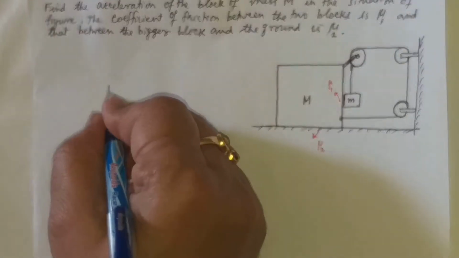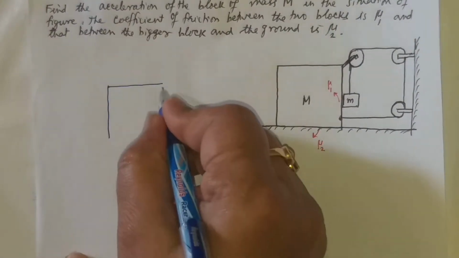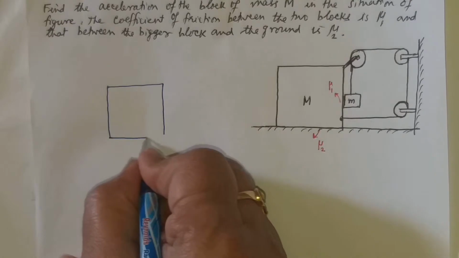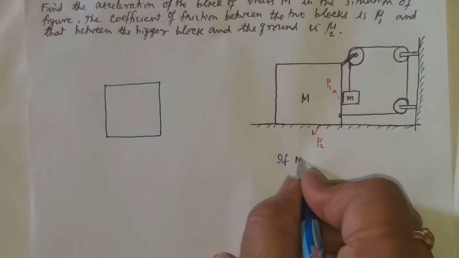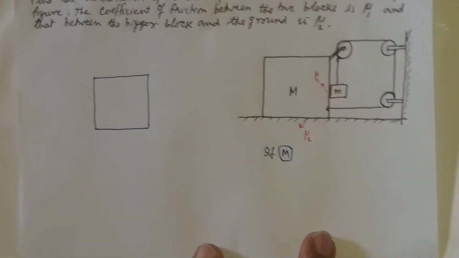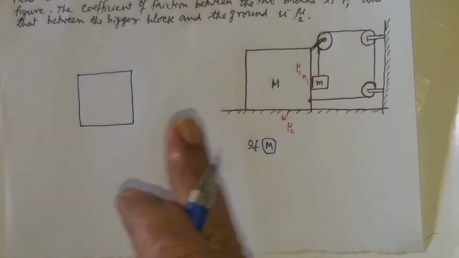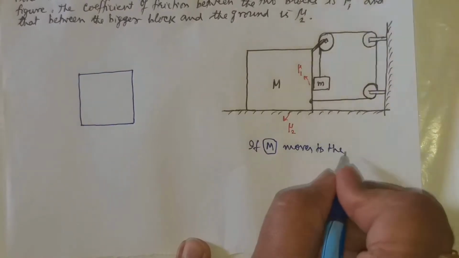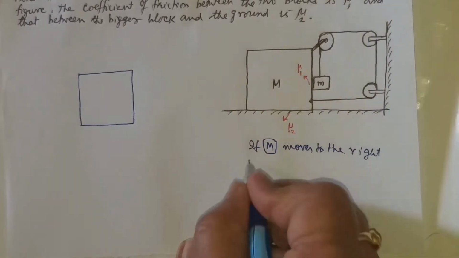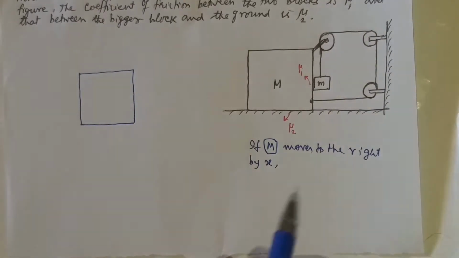Just consider the free body diagram of this mass capital M, and simultaneously we should know that if capital M, this bigger block, moves to the right by x, then what will happen?